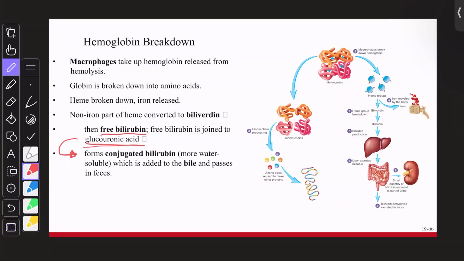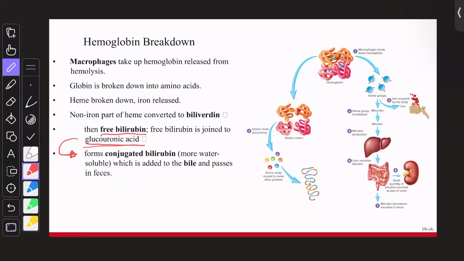The reason we need to do this is because conjugated bilirubin is more water soluble than free bilirubin. And our goal is to combine this conjugated bilirubin in the digestive tract with bile so that it can then be removed from the body.